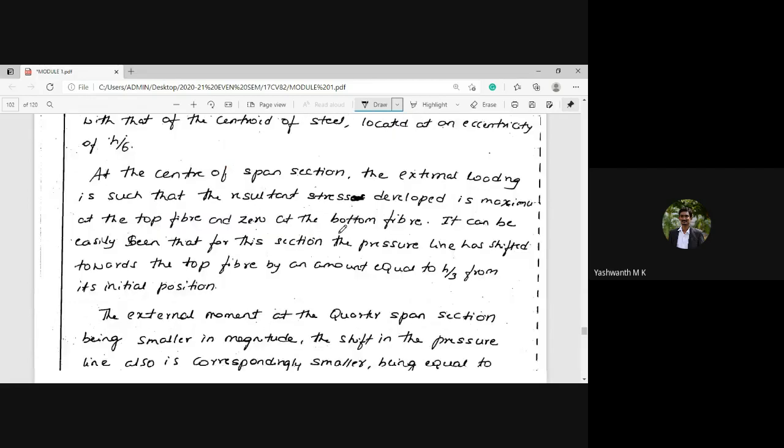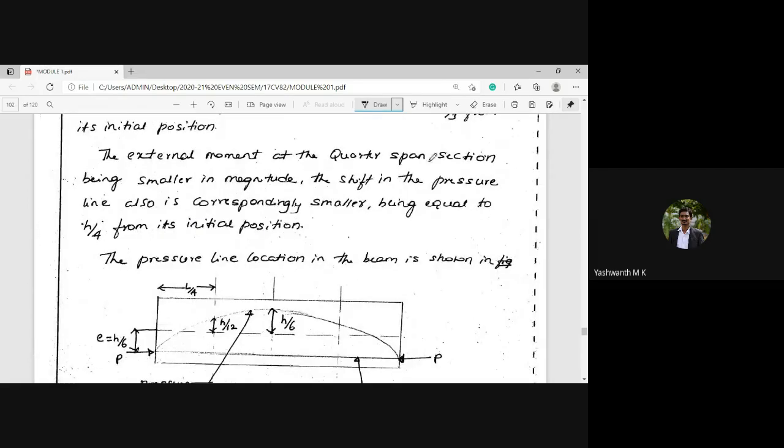Next, the external moment at the quarter span section being smaller in magnitude, the shift in the pressure line is also correspondingly smaller, being equal to h by 4 from the initial position.